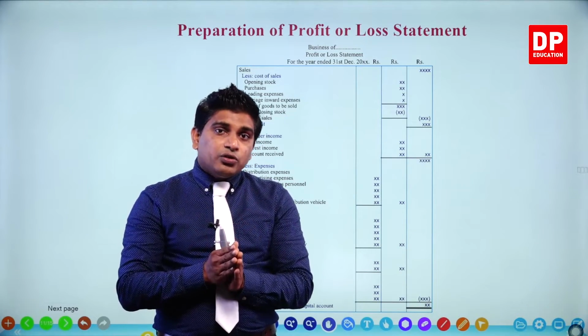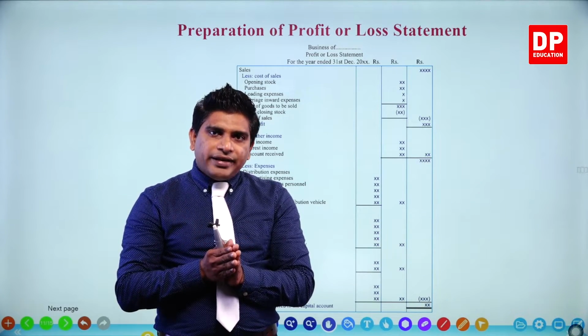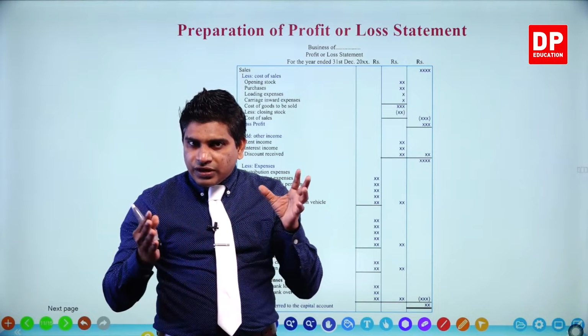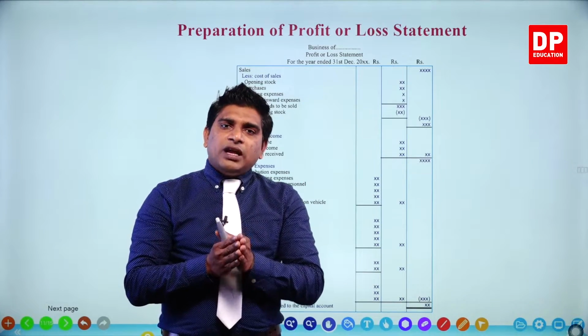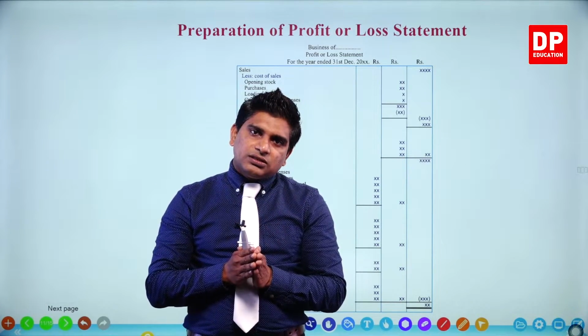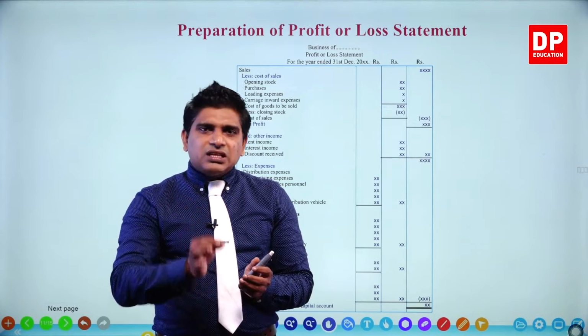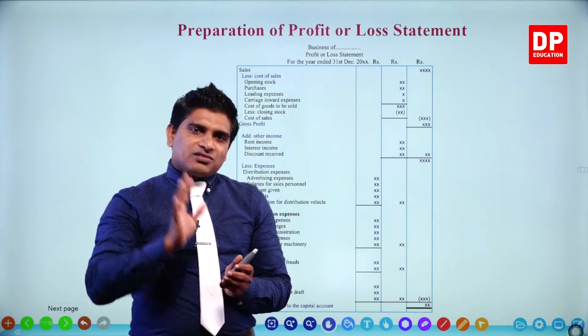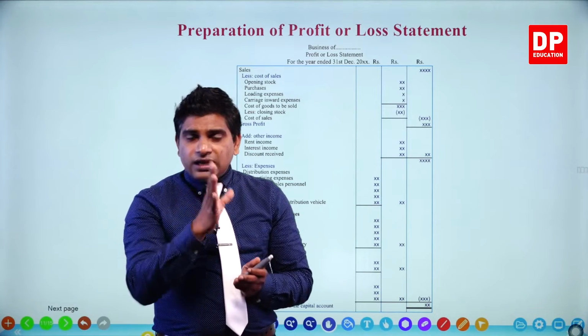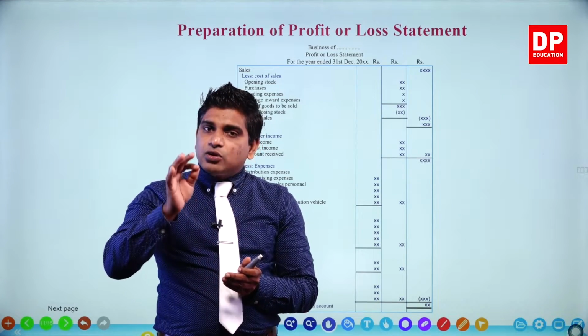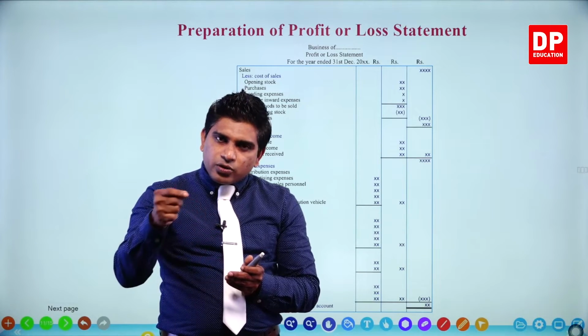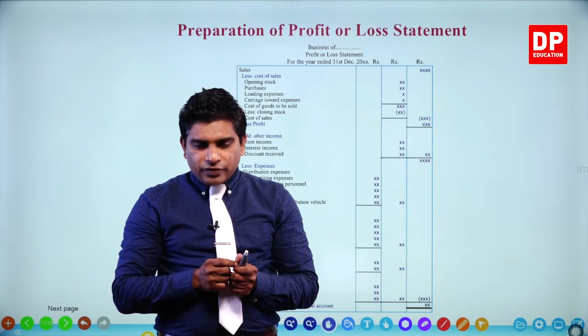After the gross profit, all the other income we can write under the gross profit, then we add everything, and total income is found. The simple concept is income minus expense. From the total income, you subtract total expense, then you can see the net profit.